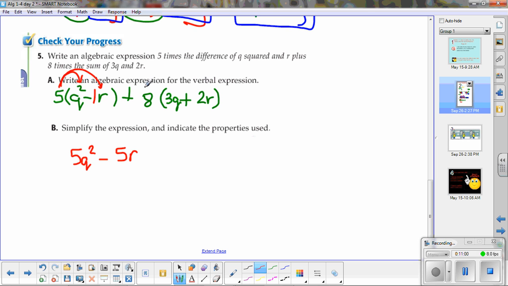And then we have a positive 8 times 3q. 8 times 3q is 24q. And then a positive 8 times a positive 2r is a positive 16r. Once you get that far, now you're going to look to simplify it more by combining like terms.